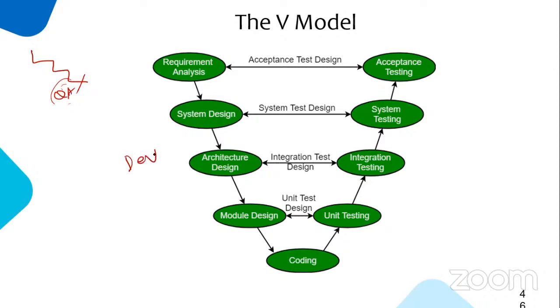This is the dev team. This is the QA team. For every phase of development, the testing team will also be involved. Trust me, definitely they will ask, could you please explain the V model, if you're going to be a fresher? So understand this.